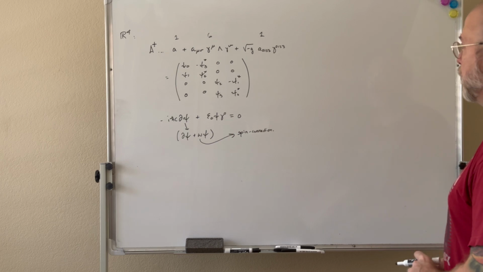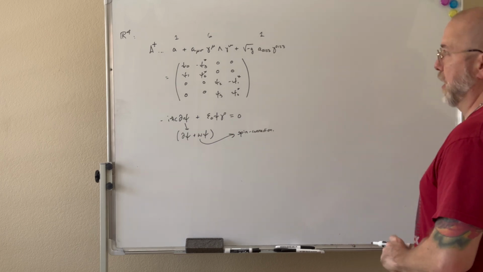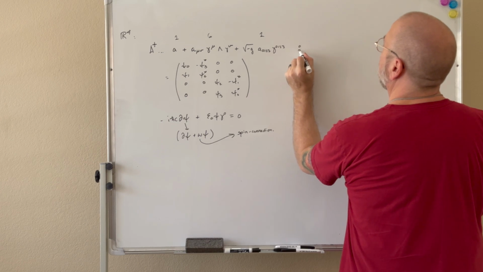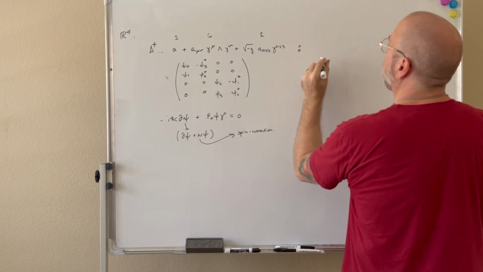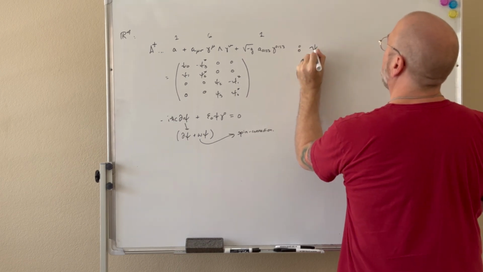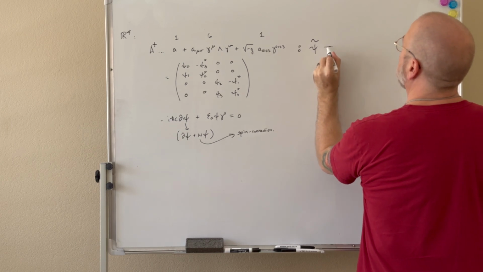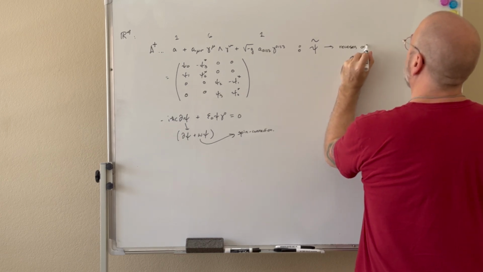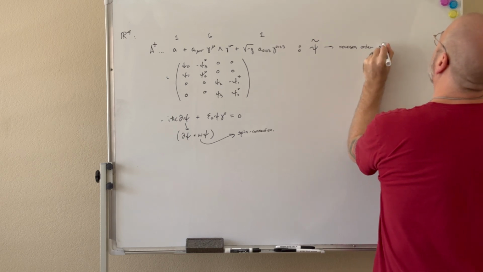Well, one thing we have to talk about is what is psi in the sense here of this algebra. Let's create an operator called tilde. What this does is it reverses the order of multiplication.